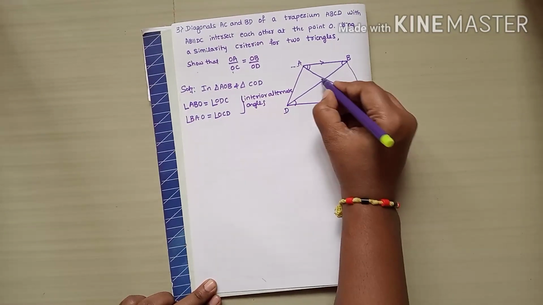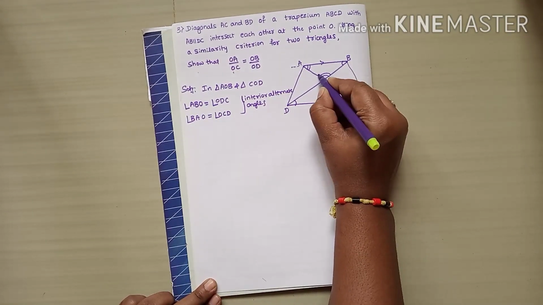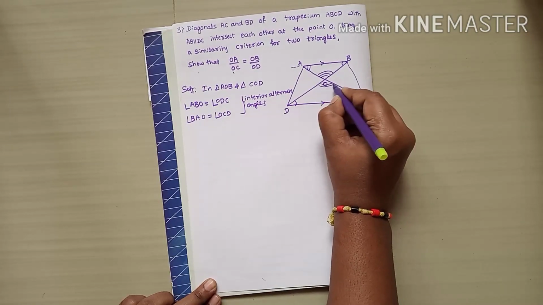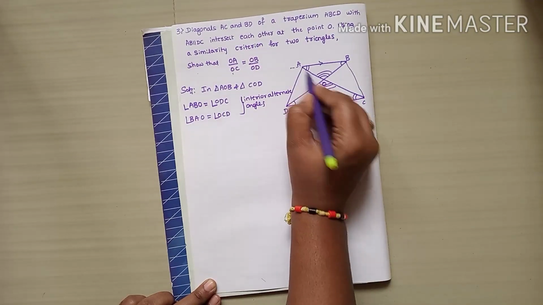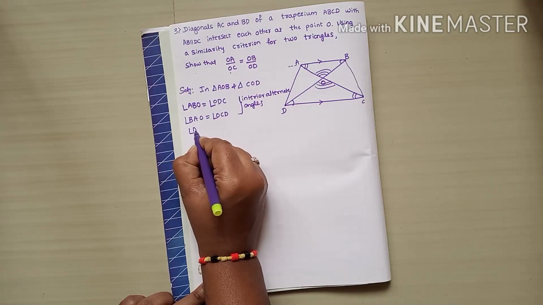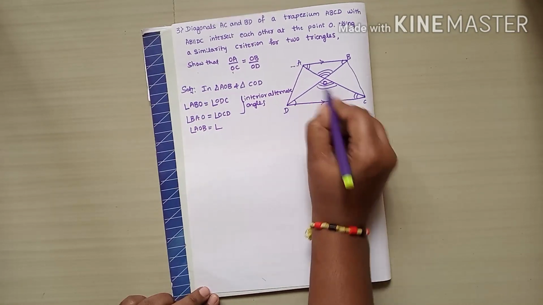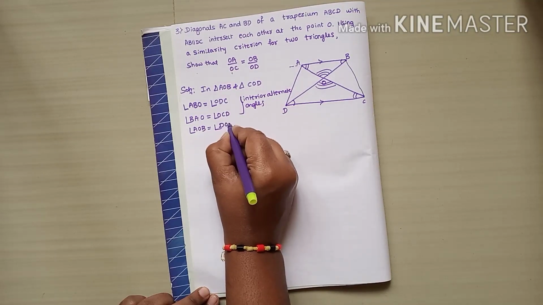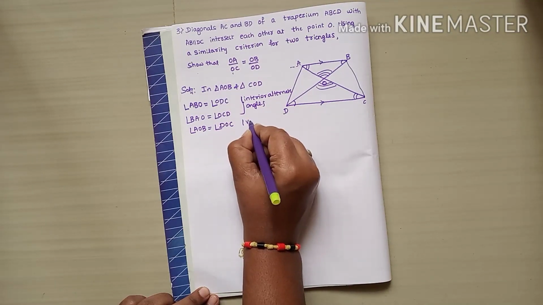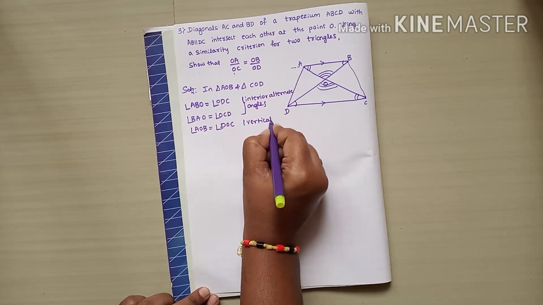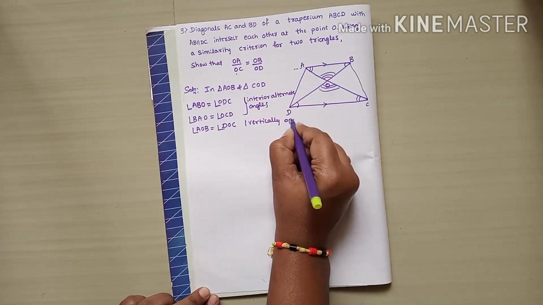Now here you see these two are called vertically opposite angles, which are also equal. Therefore angle AOB is equal to angle DOC. Vertically opposite angles are always equal.